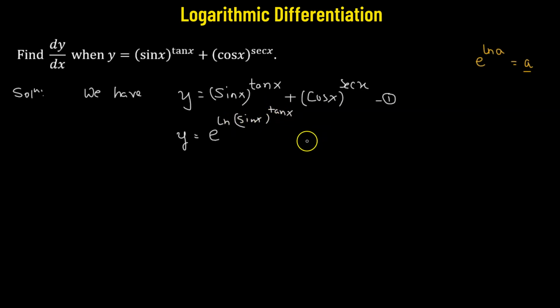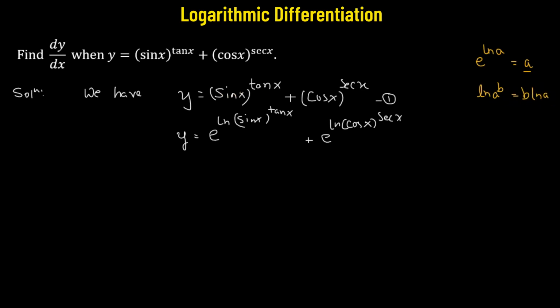Similarly for the second term we can rewrite it as e raised to the power of natural log of cosine of x whole raised to the power of secant of x. Right. Now we'll make use of another fact that whenever we have log of a raised to the power b, this is equivalent to b times log of a.